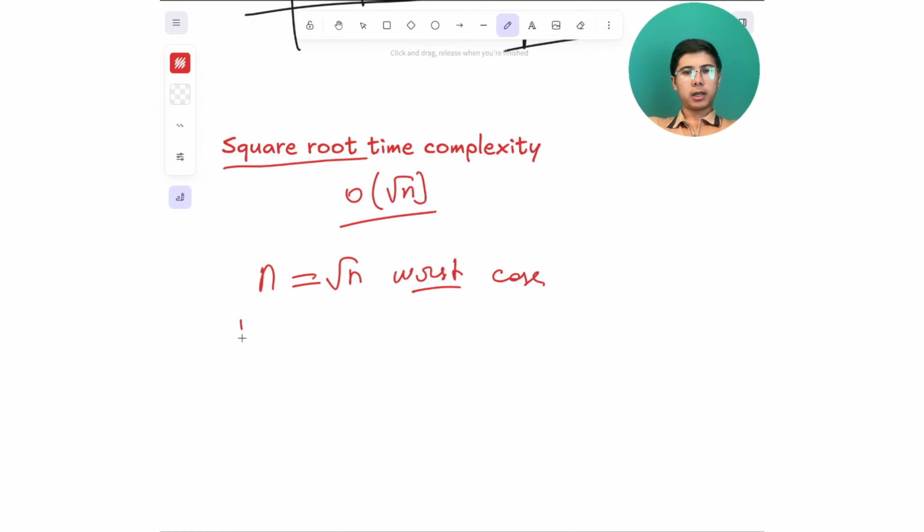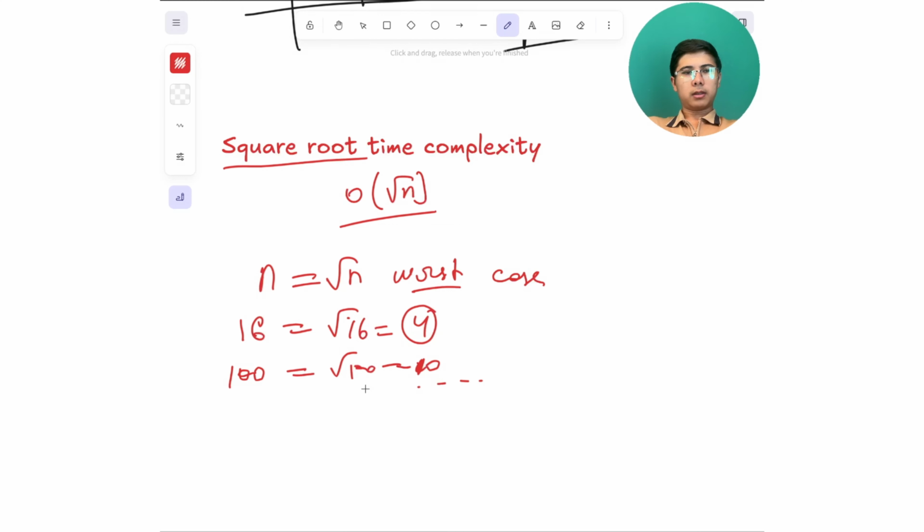Like if our input size is 16, our time complexity becomes just 4 after the square root of 16. And if our input size is 100, it becomes 10, and so on.